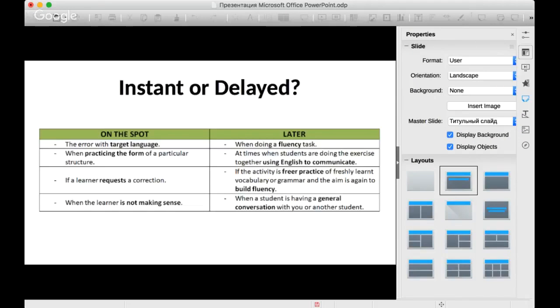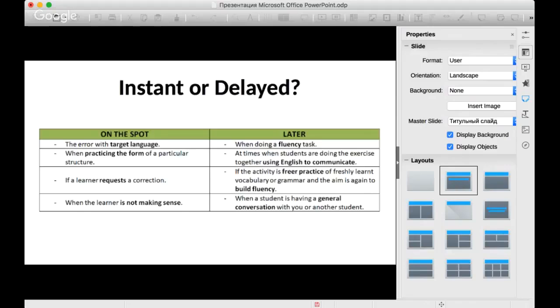And then when you know that your students make errors, yeah, that they have some errors, you need to decide what way to choose. And actually what to choose, instant or delayed error correction. You need to correct on the spot if your students make the mistake with their target language, when they are practicing the form, so you base on the accuracy, not on the fluency.